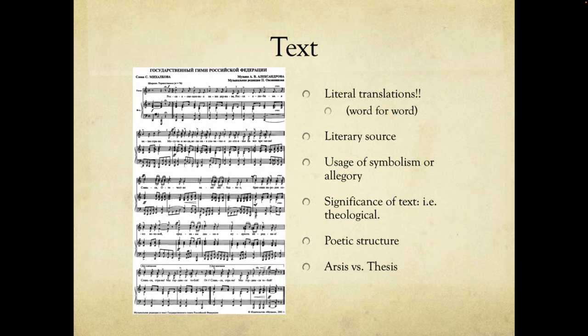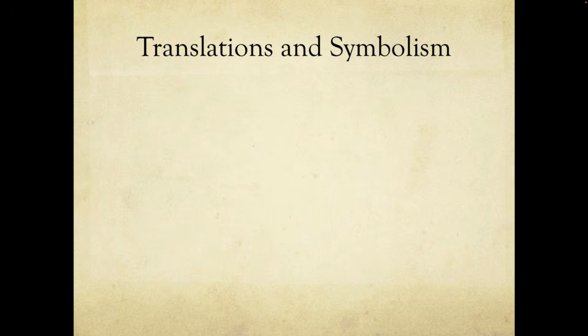Arsis is something that is a lead. A thesis is a main idea. So arsis leads to thesis. For example, most of the time when you're using any type of anacrusis or pickup, you're going to be using an arsis. Da, da, that is an arsis, and the thesis is that downbeat. And you're wanting to find in the text where the thesis is and the arsis.